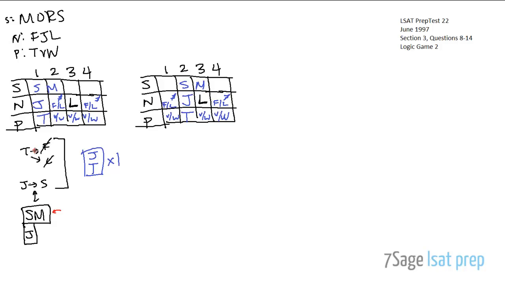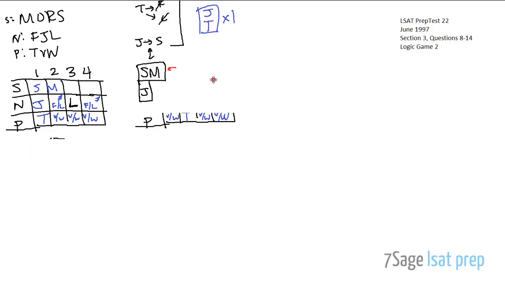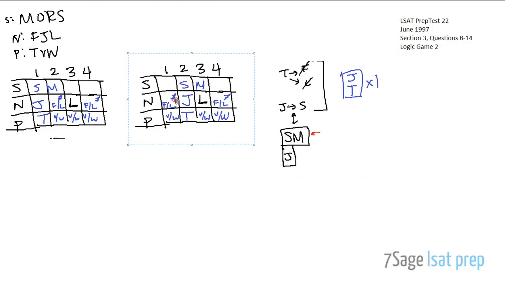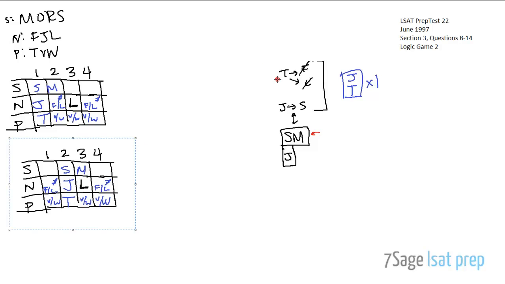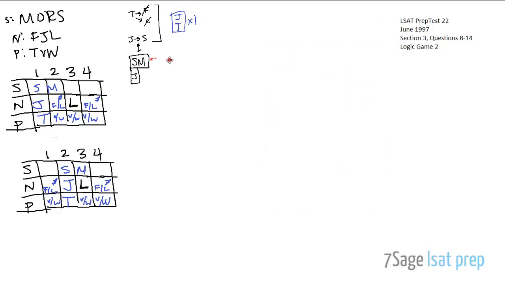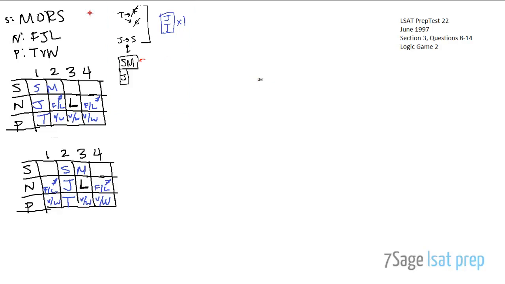Okay, so let's do some rearranging. Let's put this over here for now. Let's put this down here so we can see the two scenarios. This we can shrink since it is already effectively in our diagram, so we can leave it up here just as a reference. So we have tons of information in this game.